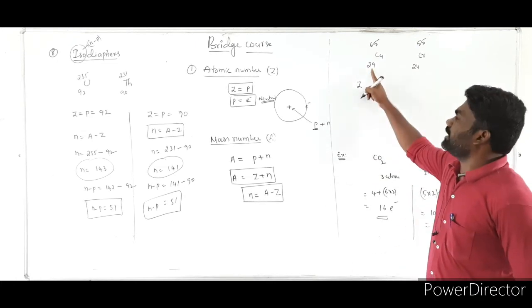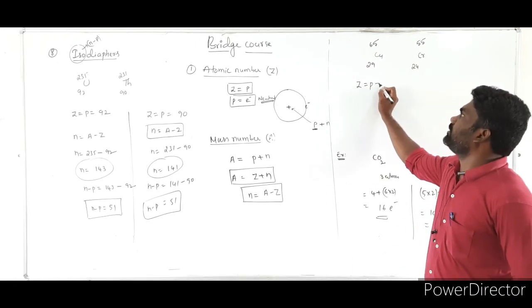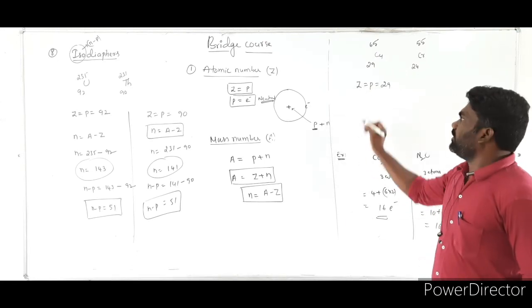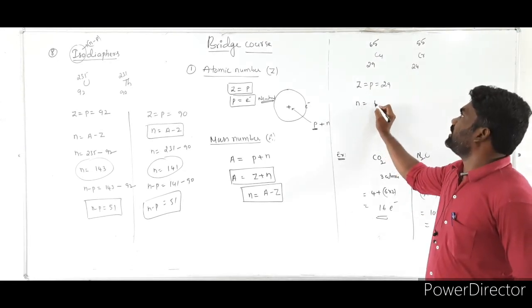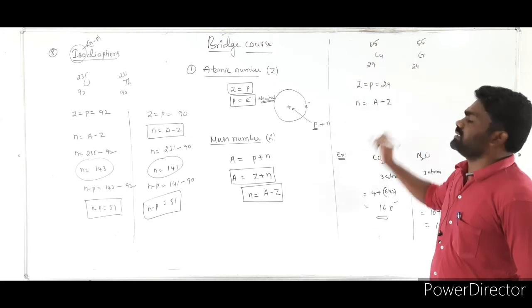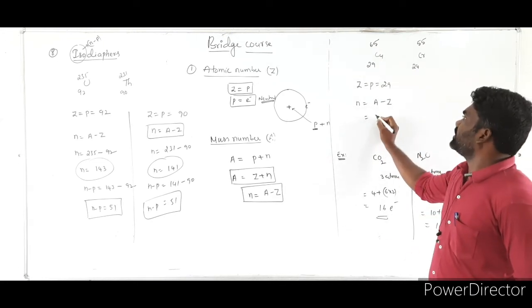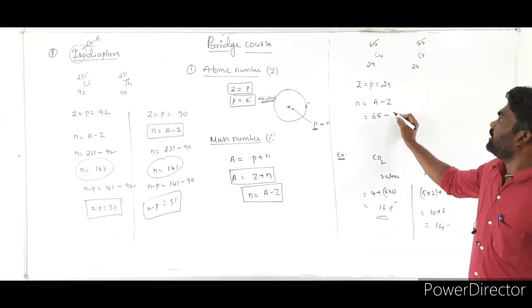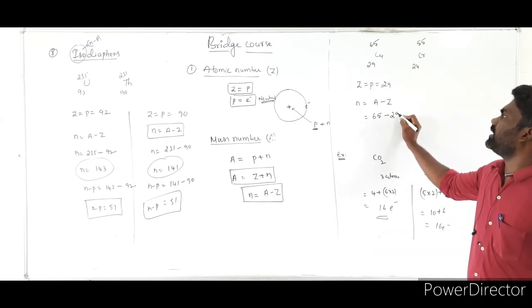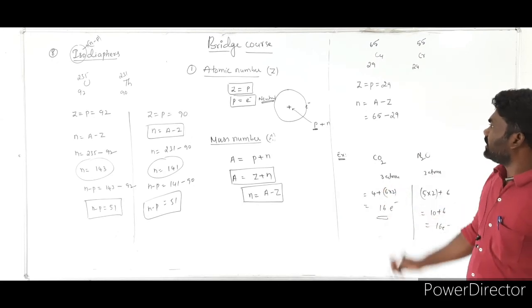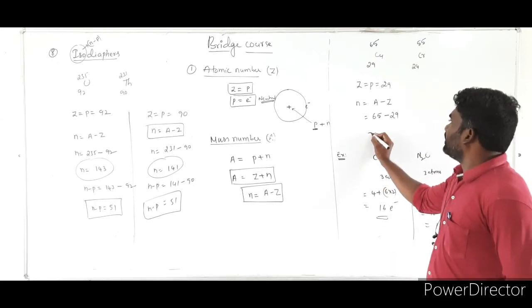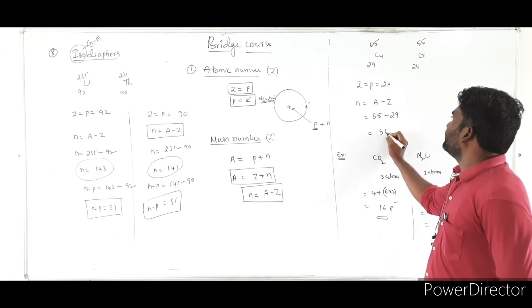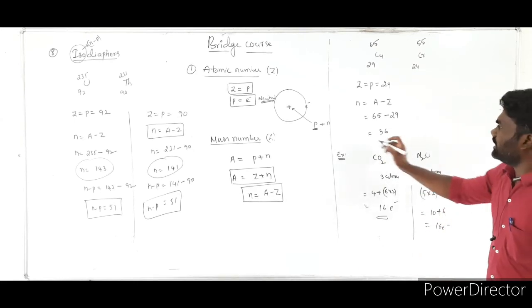Z is nothing but the number of protons, that is equal to 29. Then we have to find out the n value. N is equal to A minus Z. The A value is given as how much? 65. 65 minus Z value, which is 29. So 65 minus 29, we are going to get 36. So n is equal to 36.